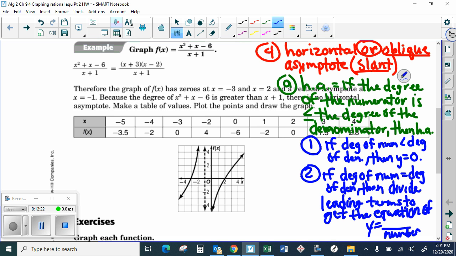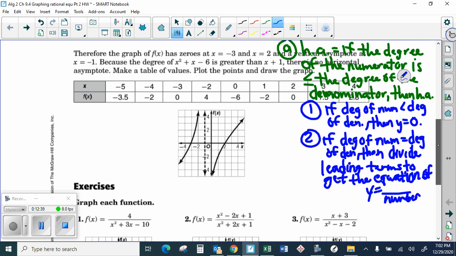It's the equation of a horizontal asymptote, y equals a number, right? So when you divide the leading terms, you'll come up with, like, 2. And then the equation will be y equals 2, or 4, or -1. Okay, so that's for your horizontal asymptote.